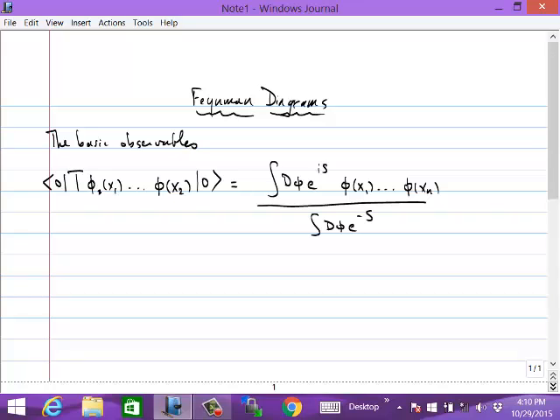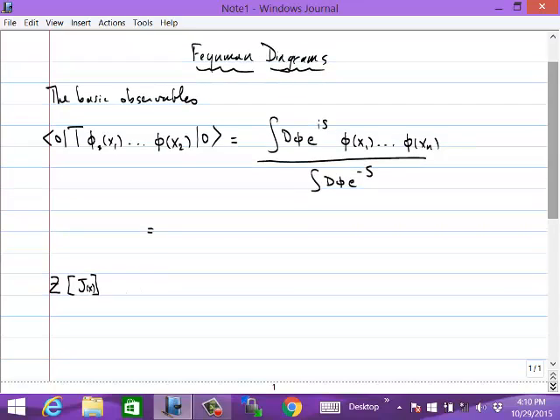And the technique that we used last time to begin computing these is we defined something called the generating function, or perhaps more properly, the generating functional, because it depends on another function that we called j, which is referred to as a source for particles.